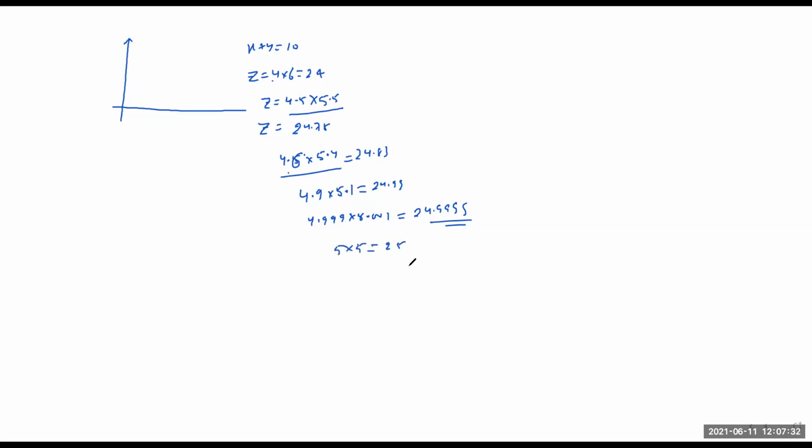Sir, but if you multiply 4.999 into 5.111, then the answer is coming 25.555. So but addition will be maximum, no? But you have exceeded the sum of 10, isn't it? Add these two numbers. Tell me, is it more than 10 or equal to 10? More than that.